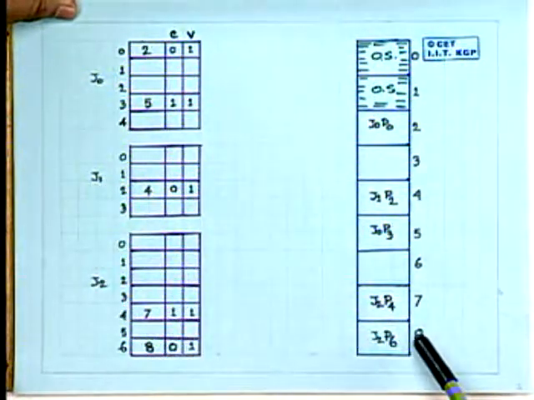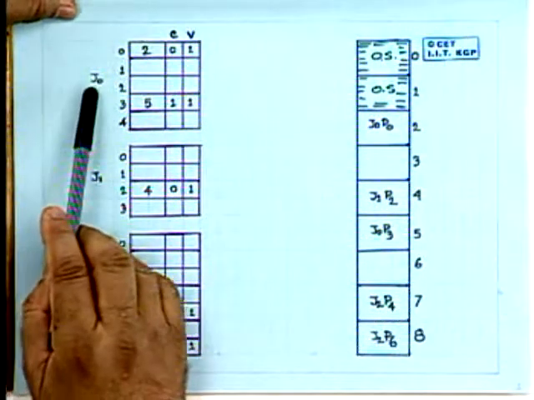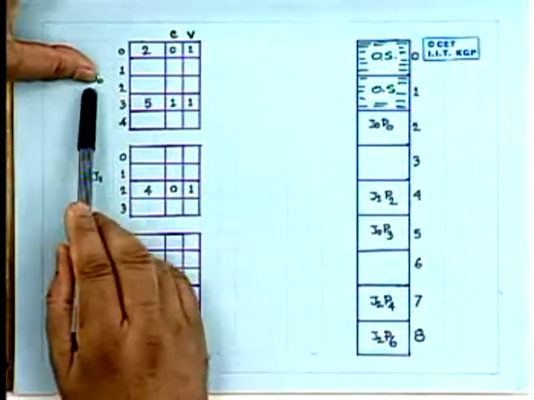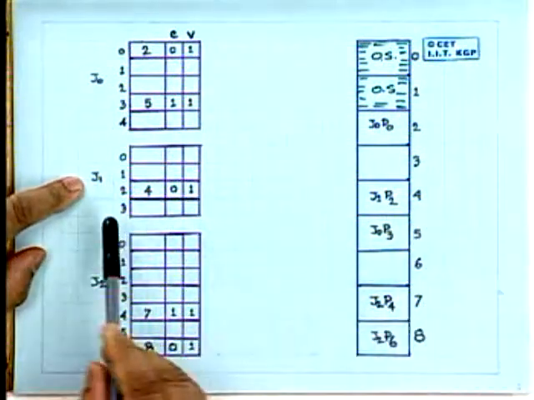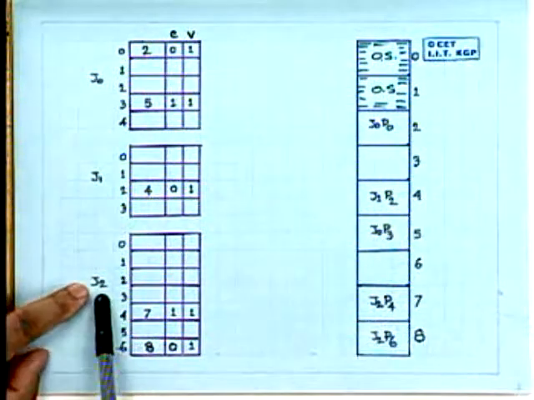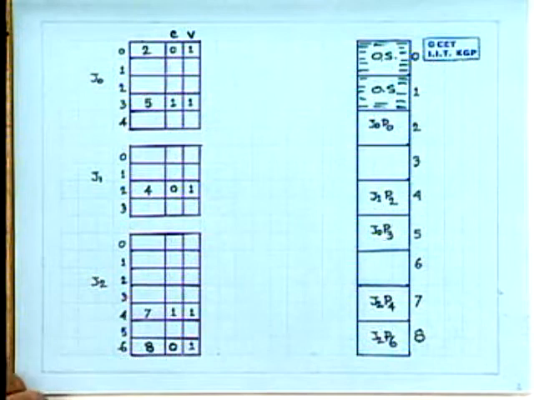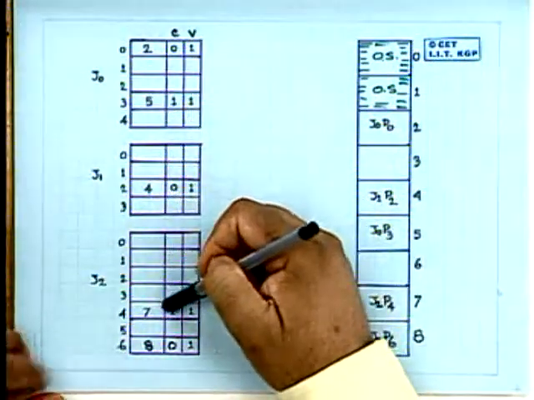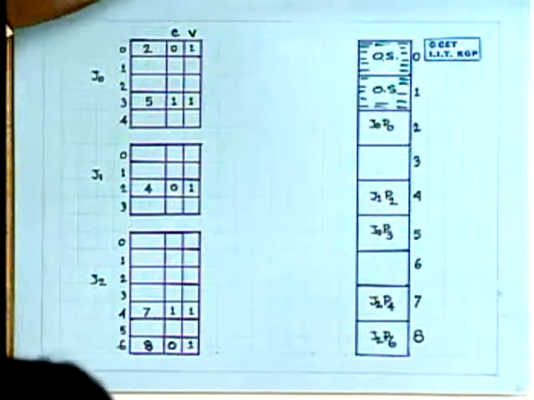At this instant, J0's page 0 is in block 2, J0's page 3 is in block 5, J1's page 2 is in block 4, J2's page 4 is in block 7, and J2's page 6 is in block 8. These three processes are multi-programmed, and therefore being executed concurrently.